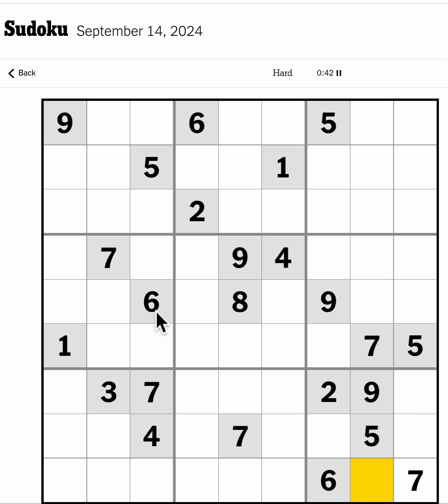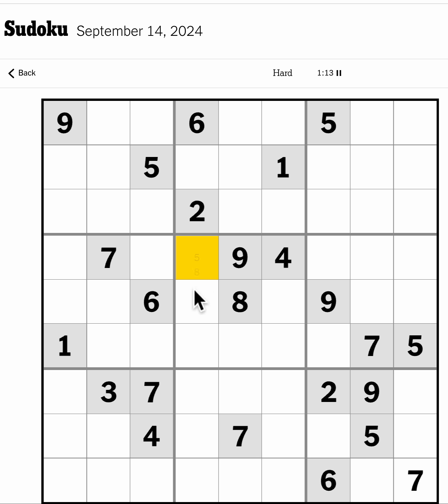I'm looking at box 5, which is right here, and row 6. Row 6 has 1, 5, and 7, which have not been placed in box 5, right? That means these 3 cells cannot have 1, 7, 5 because they are there.